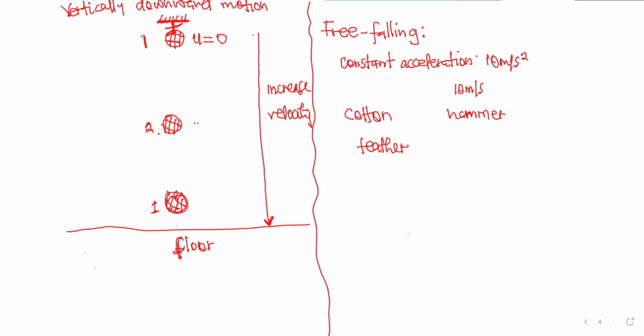When two bodies of different masses, so go and carry a very big stone and then cotton wool, small cotton, and drop them at the same time, if the two bodies are under a condition of free falling, then the two bodies are expected to drop at the same time, simultaneously.